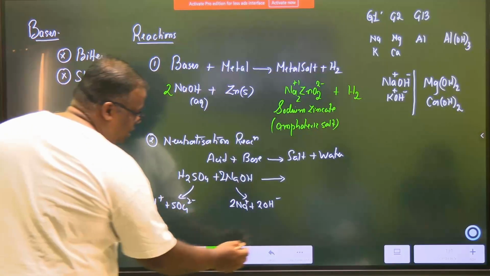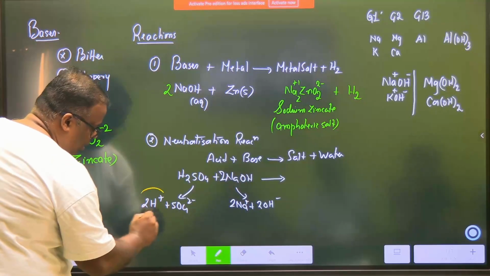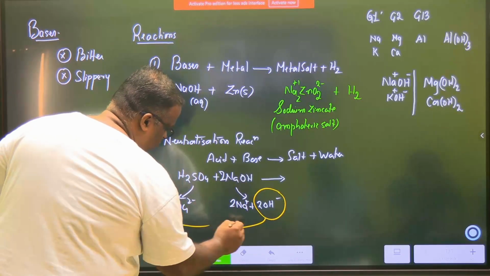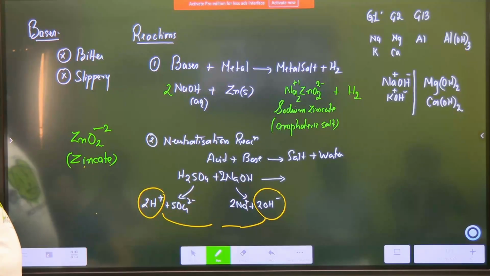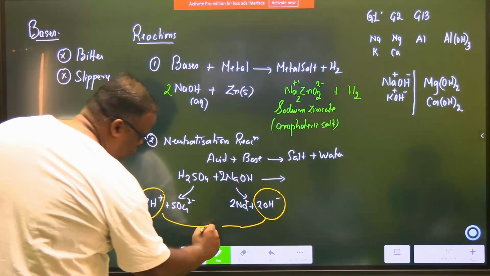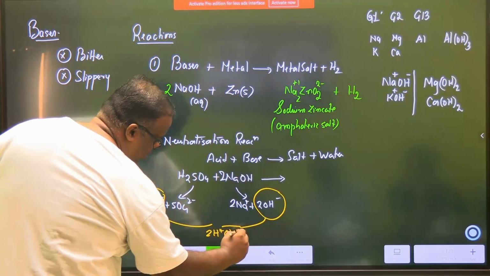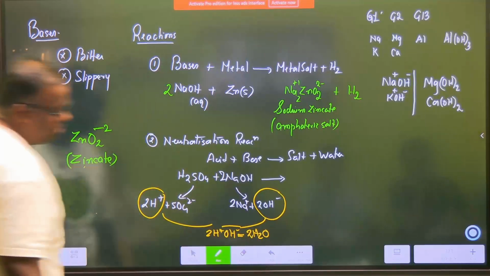So let's see the neutralization. The neutralization will be happening between this fellow and this fellow. These two will neutralize. H plus OH forms what? HOH. What is HOH? Water. So you will be forming 2H plus OH minus, which is nothing but 2H2O. Do you agree?